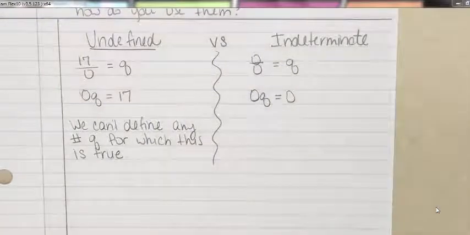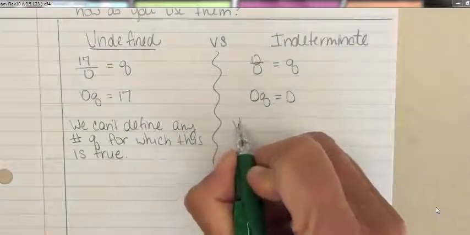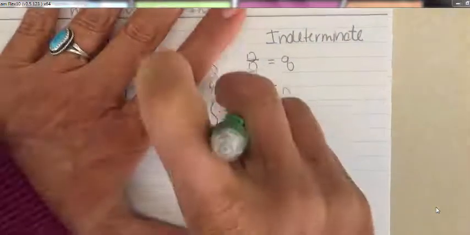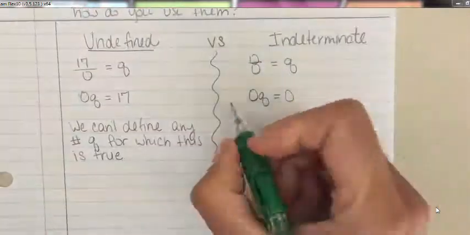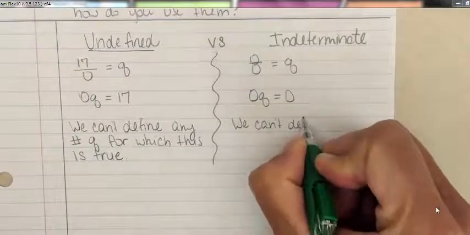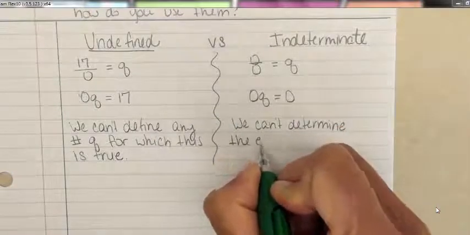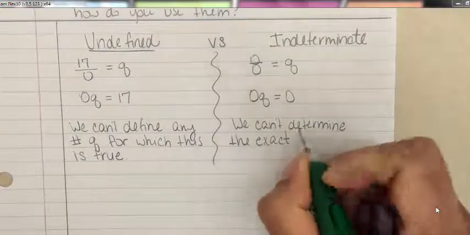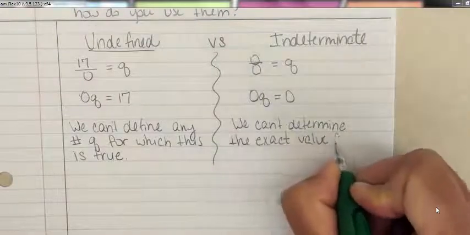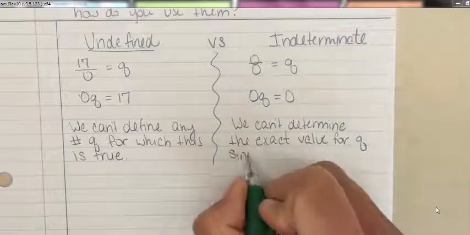Yes, there are infinitely many numbers I can do that for. So we can't determine the exact value for Q, since there are infinitely many, therefore it's indeterminate.